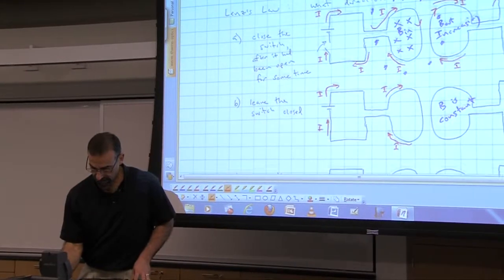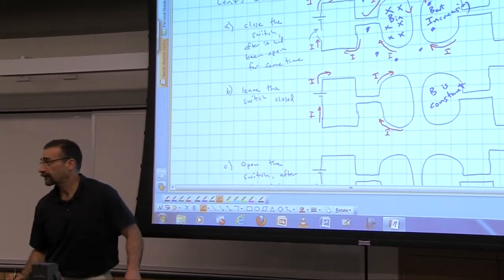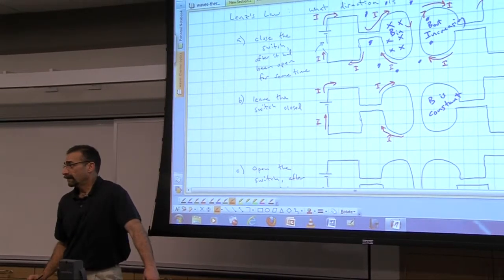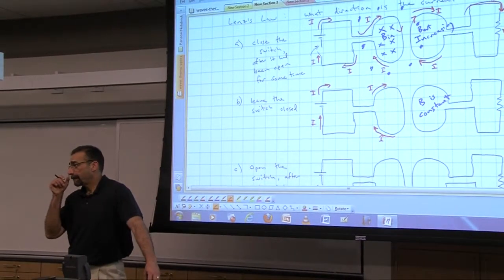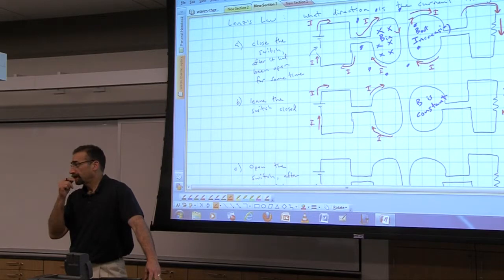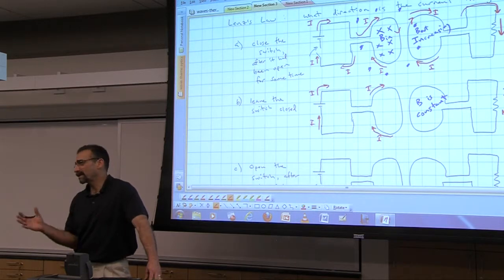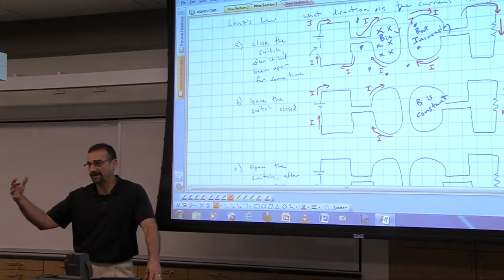So to decrease it to 0, essentially it's creating its own in the other direction. So that's where you get the trying to cancel it. But sometimes it tries to add to it, right? It always opposes the change. It tries to get it back to its previous state.